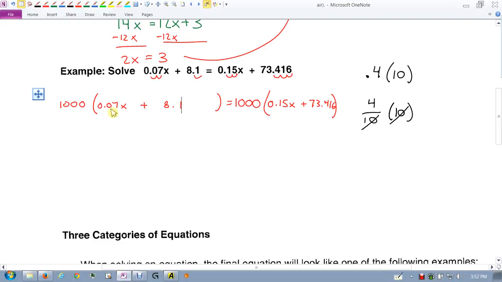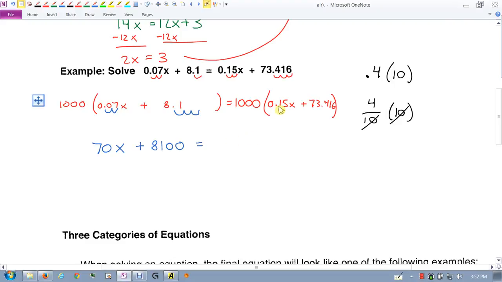So let's just move the decimal point over. How many places? 1, 2. It's got to go 3 because we're multiplying by 1,000. So instead of turning into a 7, it's going to be 70x. And then I say plus, and this one has to move 3. 1, 2, 3. 8,100 equals over here.